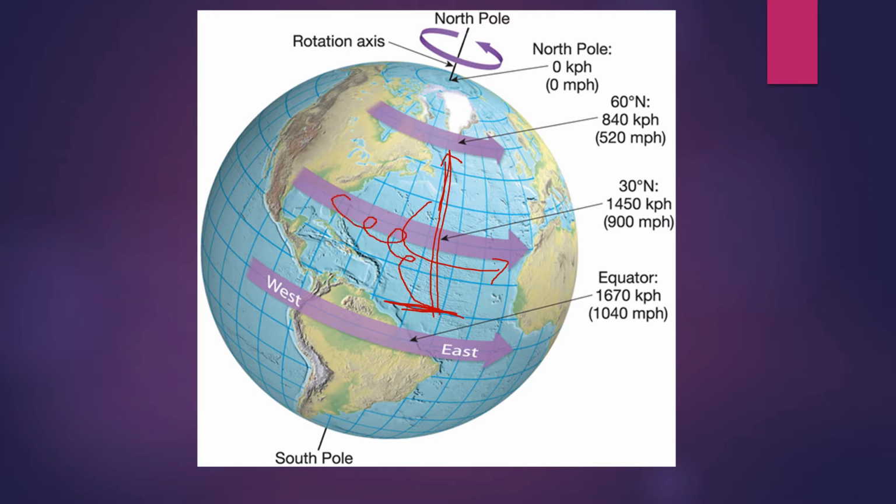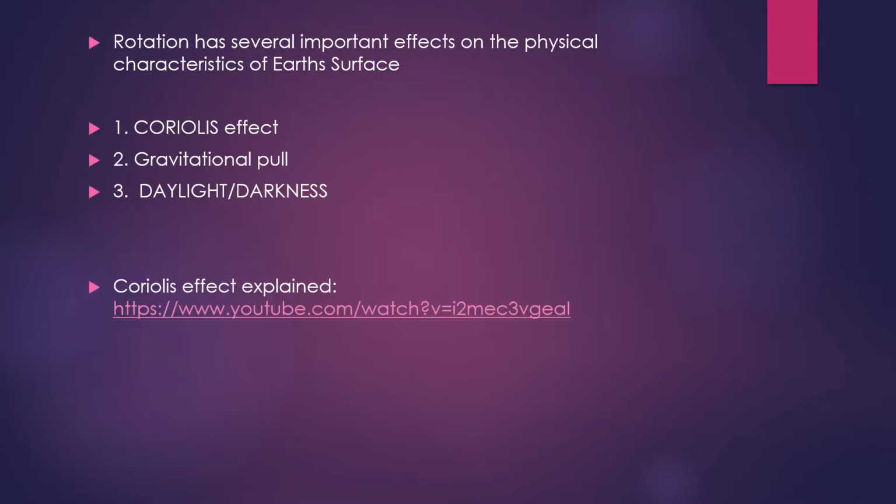That's why a lot of our hurricanes that develop in the equatorial Atlantic end up hitting this area, our East Atlantic area. Not all of them, but this is a huge hurricane area. So that's the Coriolis effect.